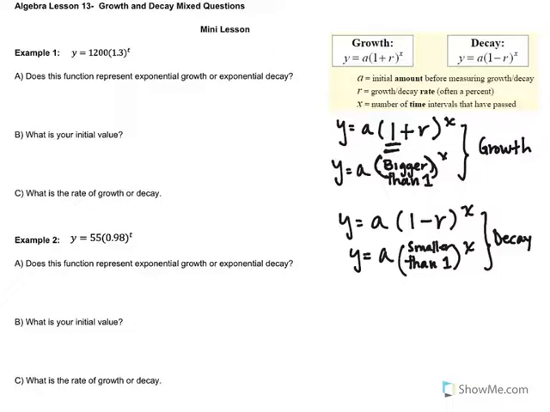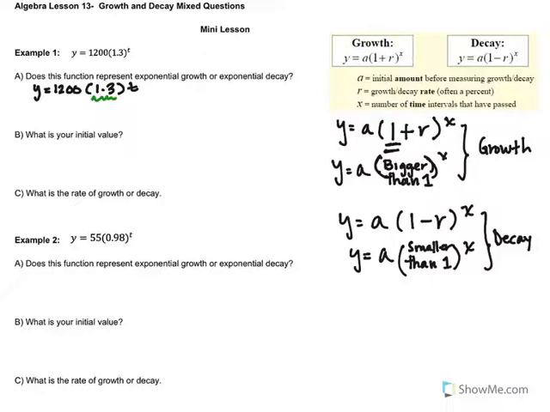Does this function represent exponential growth or exponential decay? Well, if I have y equals 1200 parentheses 1.3 to the t, again I'm looking at what's inside of this parentheses, I'm looking at what happened to my whole, what happened to my 1. Well, right now I see that I ended with something that was bigger than 1.